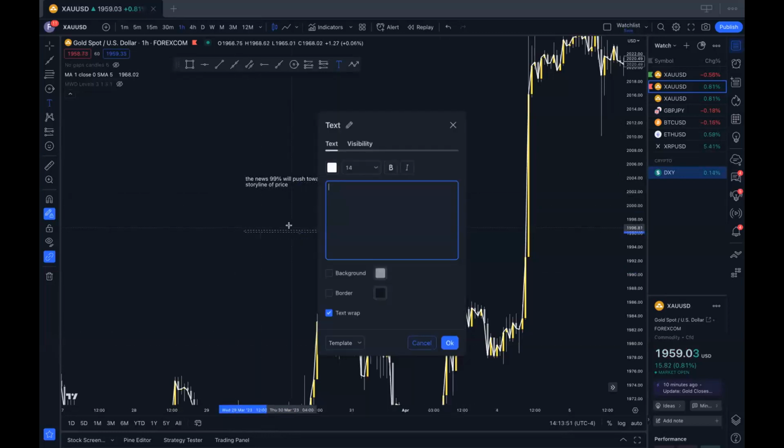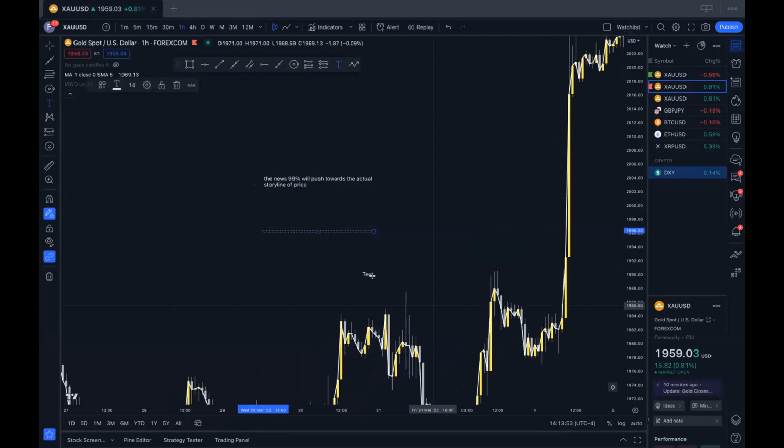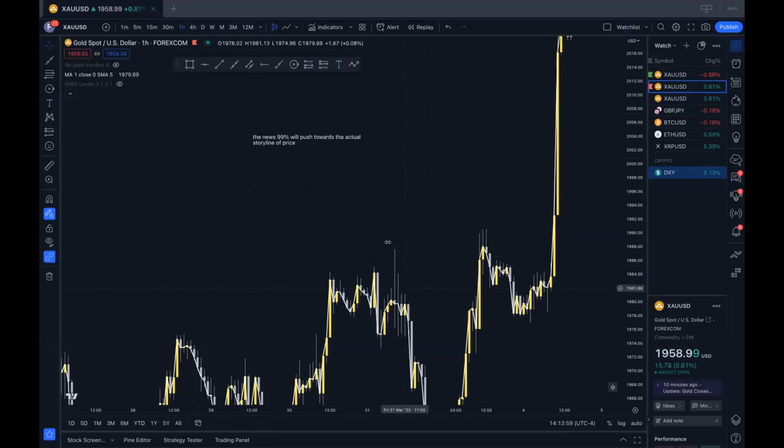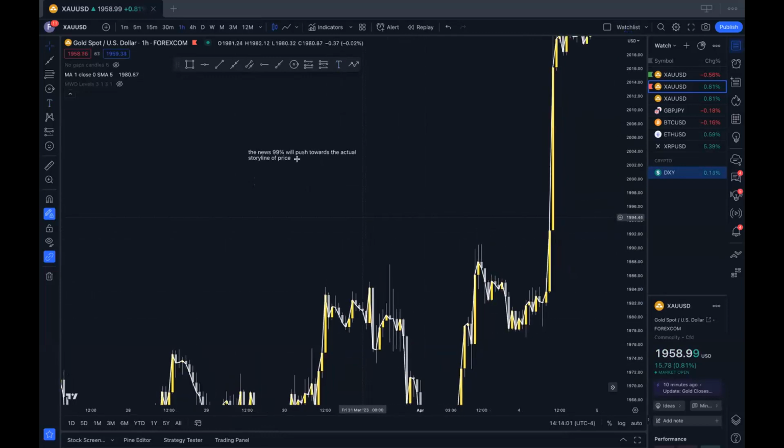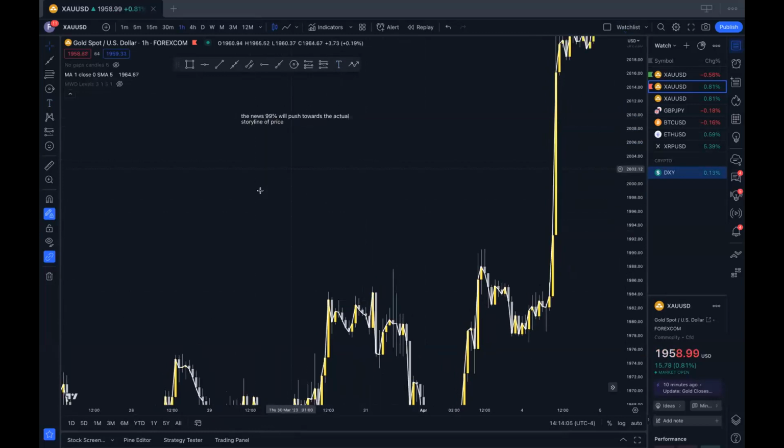Right? This is side knowledge, by the way, guys. But something just came up to me, because I feel like looking at this is like a news spike. What I mean by this is if you have a bullish storyline, the news is going to 100% push price towards the bullish storyline, right?